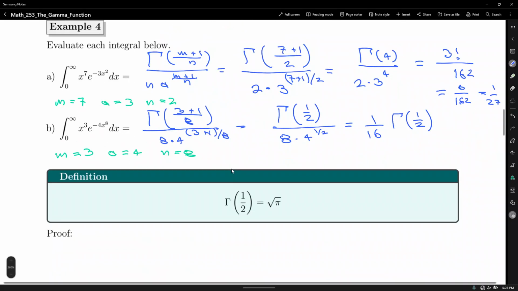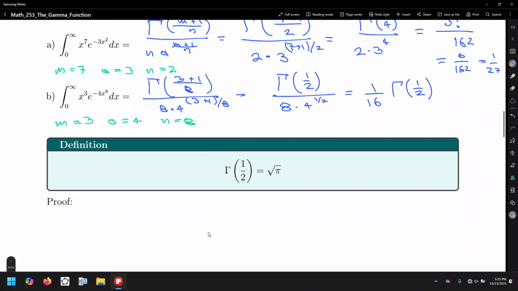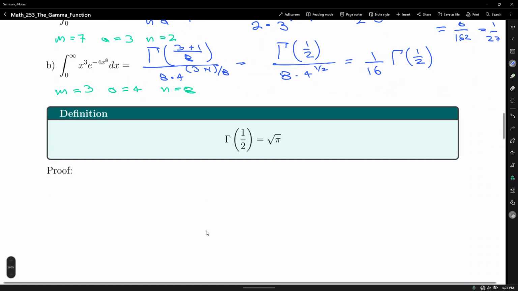All right, guys, I'm going to show you the derivation of how we get that gamma of 1 half equals the square root of pi. Number one, to show this, use the integral definition of the gamma function. So gamma of 1 half equals the integral from 0 to infinity of t to the n minus 1, where this is 1 half minus 1, e to the negative t dt.